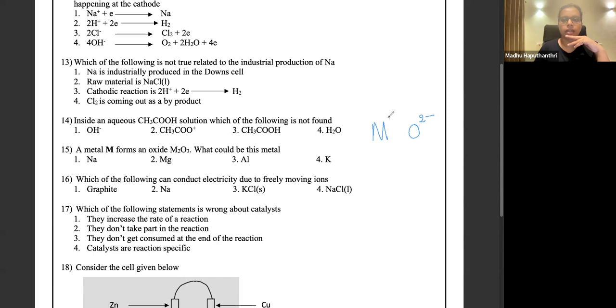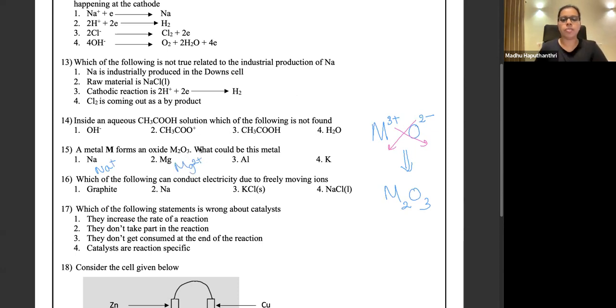It is 3 plus, right? So when you put this 3 here, 2 here, you have to basically exchange the numbers. 2 comes here, 3 goes there. This is resulting in M2O3. So if you take sodium, sodium is forming sodium plus because it's from group number 1.